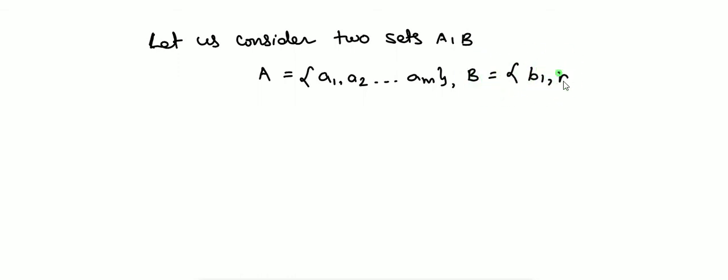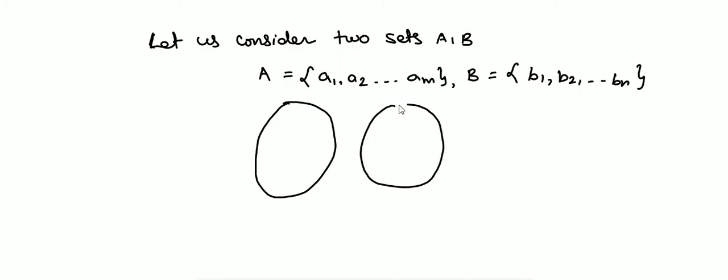In a Venn diagram, you can write A1, A2 and so on Am, and B1, B2 and so on Bn.